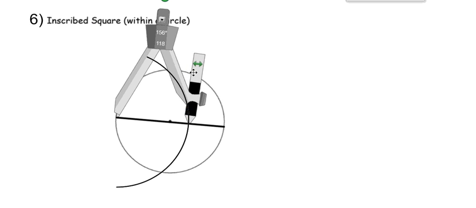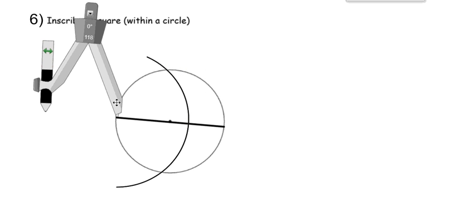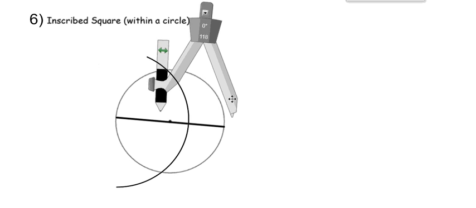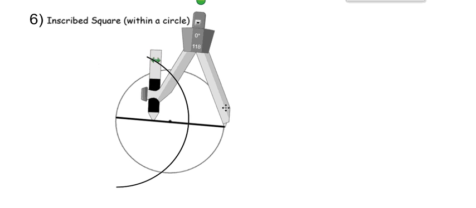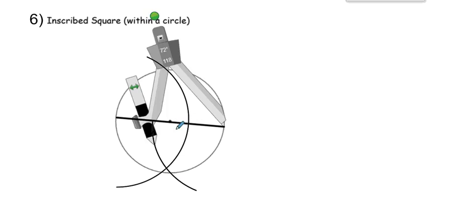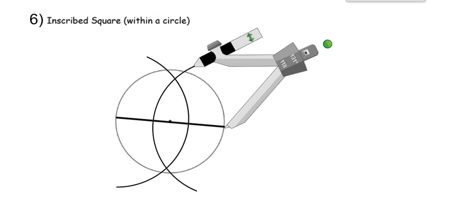Then we'll do the same exact thing. Without changing the radius of our compass, we'll place the point of our compass on the other endpoint, and swing another arc. Finally, we will connect our intersections with a line. At this point, we now know where the vertices of our square will be.